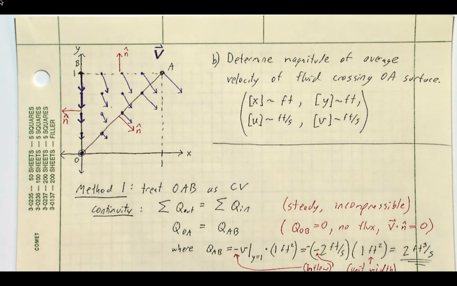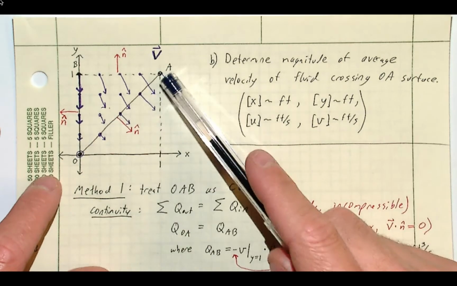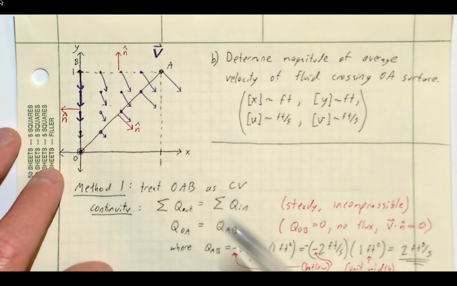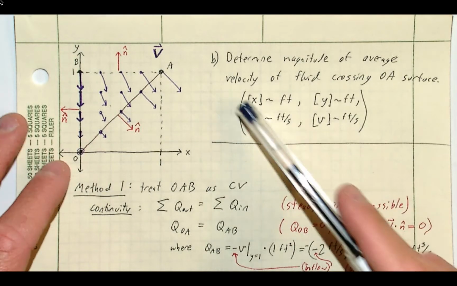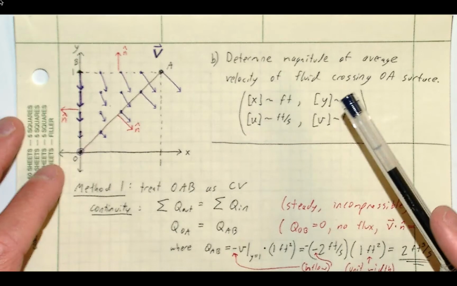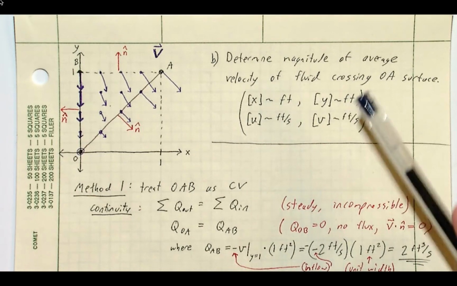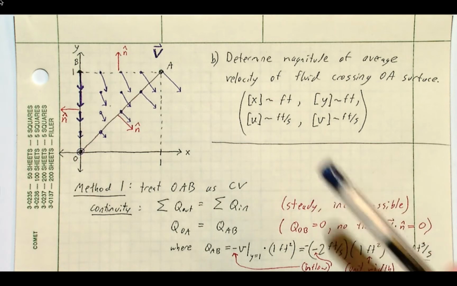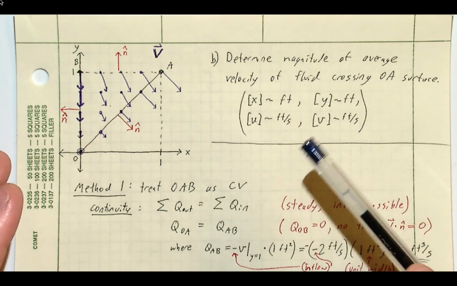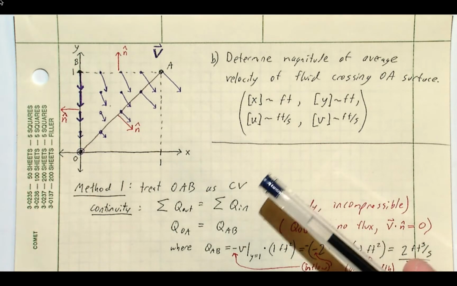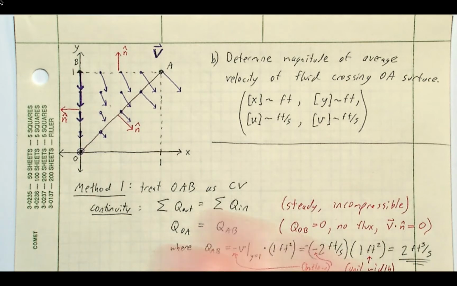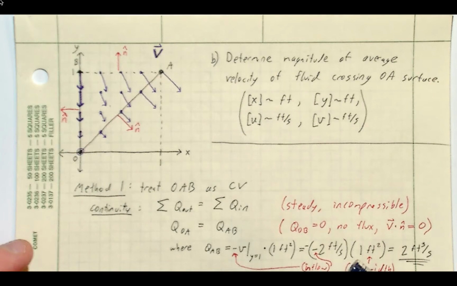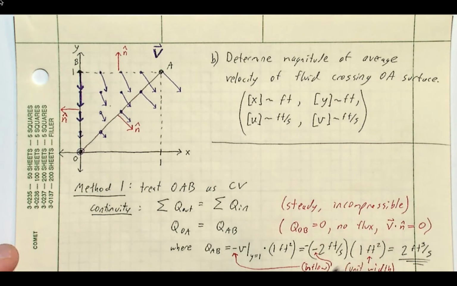So we have 2 different methods to find the average velocity magnitude crossing the OA surface. And every time we see average velocity magnitude, what would you get if you multiplied the average velocity of the flow through an area by its area? That's going to give you the volumetric flow rate. So it's kind of the definition of average velocity, that the average velocity is just the volumetric flow rate over the area. It's one way to think about that.